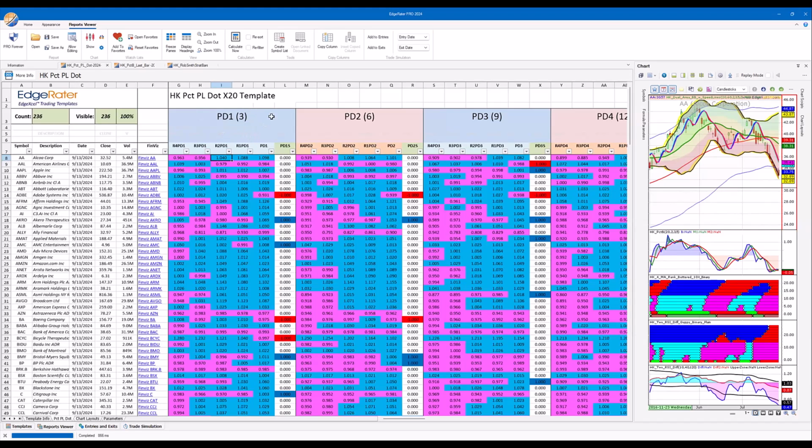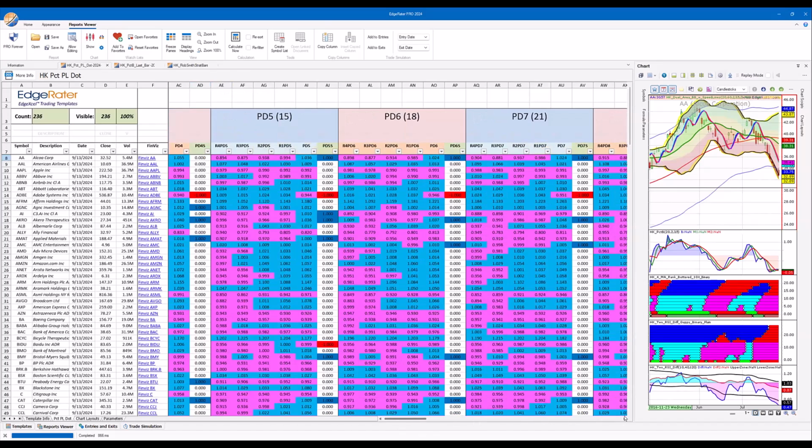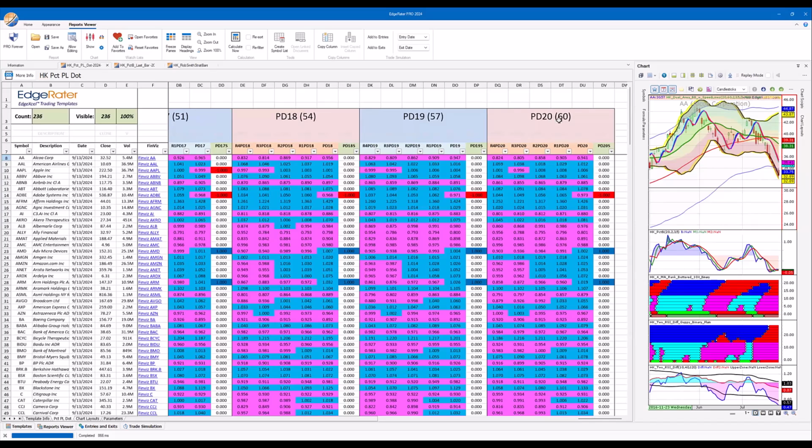This is the 3-period PL dot. So when it crosses, it tells me that one is there. And then again, I told you that they go in increments of 3. They go from 3 to the 60, which would be the red line on a chart.